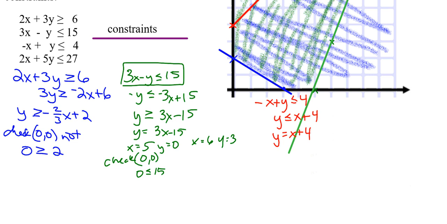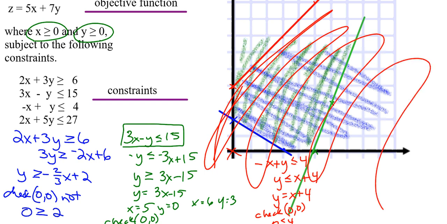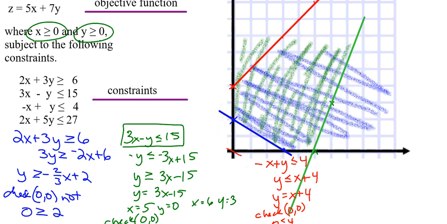And then I'll check my point. I can check 0, 0 again because it doesn't go through there. When I check 0, 0, I get 0 on the left. 0 is less than or equal to 4. And 0 is less than 4. So it's going to be included in that area. If I was going to shade everything from that line, I would shade it like that. But since I'm kind of working in this little area that I have going here, I'm just going to shade below, and I'm just going to keep it within these other constraints.